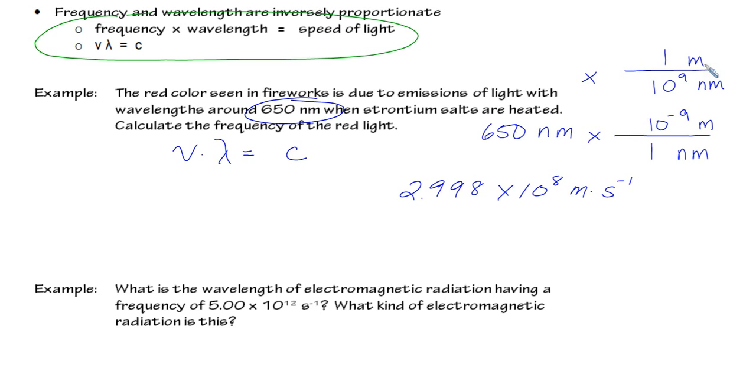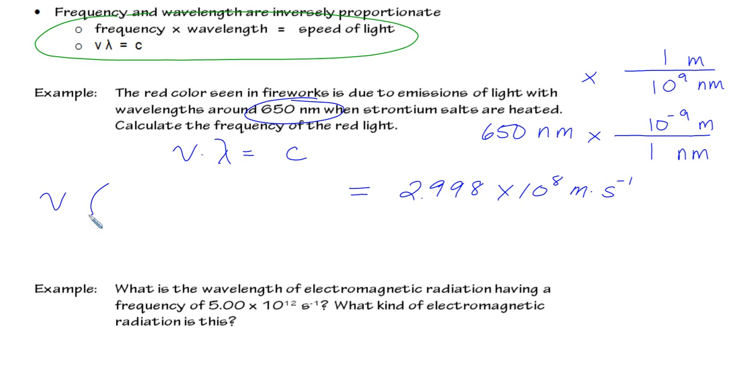Okay, so let's plug this in. Now it's not such a big deal, but that's the one thing that you got to keep your eyes open for. I mean, for the most part, this is just algebra plug and chug. We want to solve for the frequency. So we've got frequency, and then we do have the wavelength.